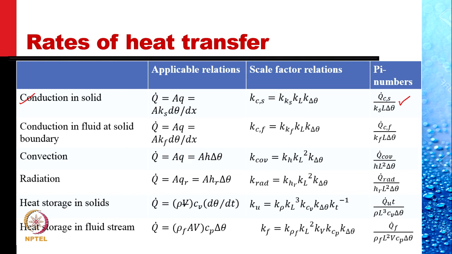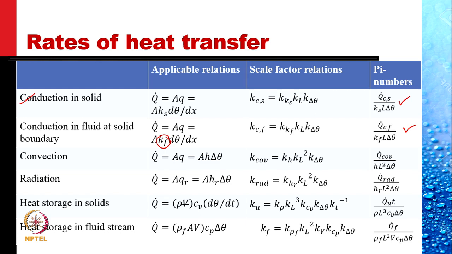So the applicable relation is still the Fourier law, except that the conductivity of the fluid is used, and dθ/dx is on the fluid side of the boundary. We get a similar pi number. The only difference is K_s is replaced by K_f, the conductivity of the fluid.